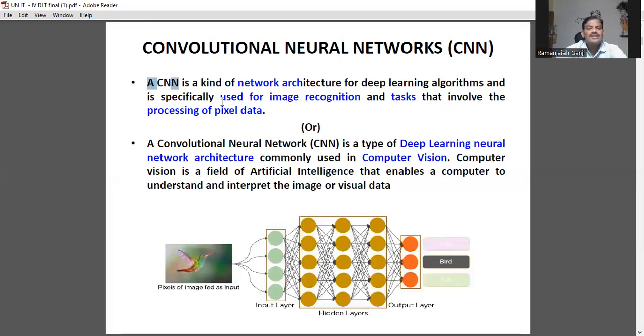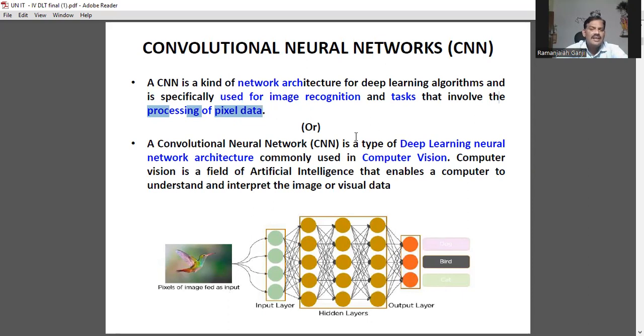A convolutional neural network is a kind of network architecture for deep learning algorithms and is specifically used for image recognition and tasks that involve processing of pixel data. As you know, a pixel is nothing but a picture element. Every image consists of a number of pixels. We used to see 1024 by 768, 800 by 600, 1200 by 1000. All these come under pixels.